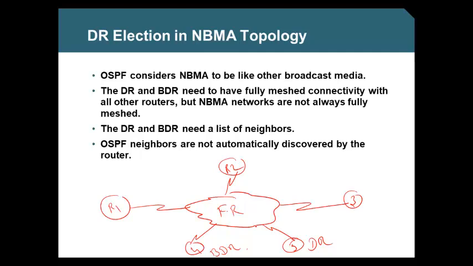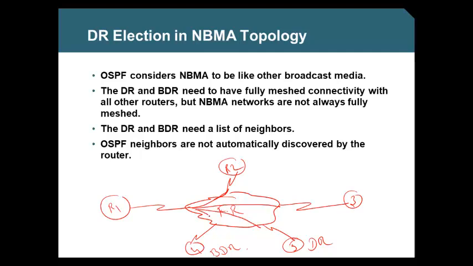What is the problem? If this is fully meshed, what is full mesh? If R1 has a connection to R2, R3, R4, R5, and R3 to R2, R3 to R5, R3 to R4, R5 to R4, R5 to R2, R5 to R1, R4 to R2.